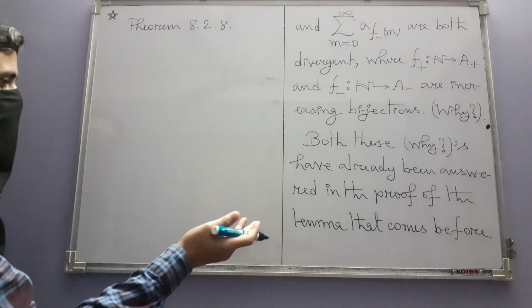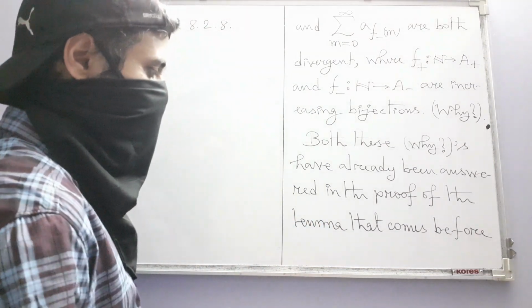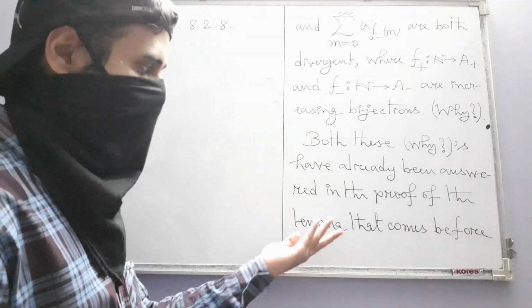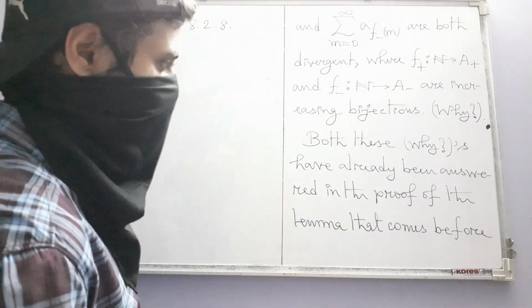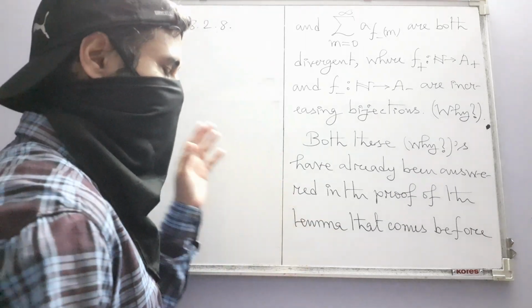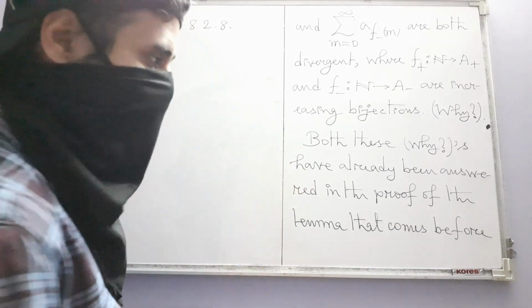I think it should be lemma 827, but you understand. The item that appears before this theorem is that lemma, which we need here in the proof of Riemann's theorem.